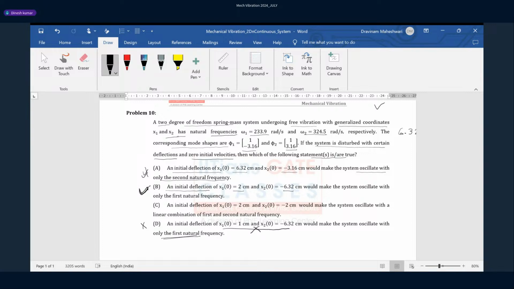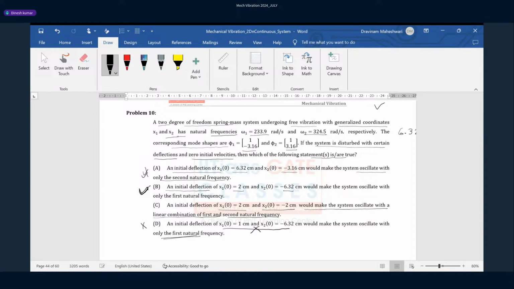Now look for option C. So option C, just by reading we can tell the answer. An initial deflection x1 is given 2 and x2 is minus 2. And they told would make the system oscillate with a linear combination of first and second natural frequency.